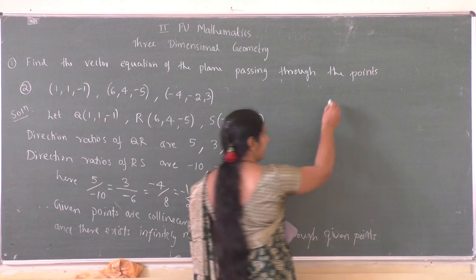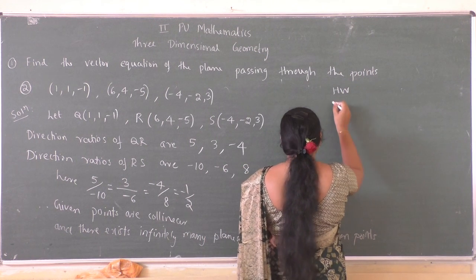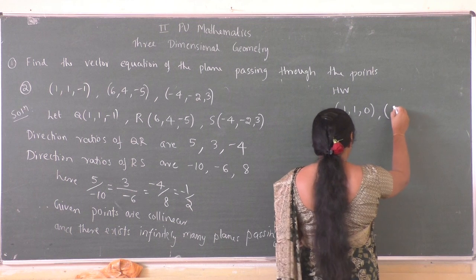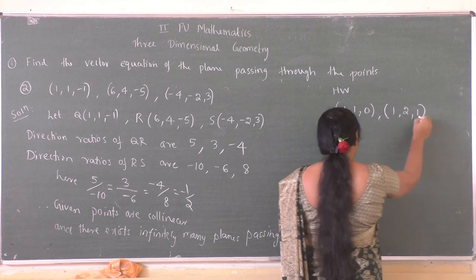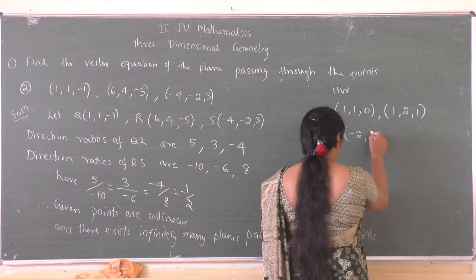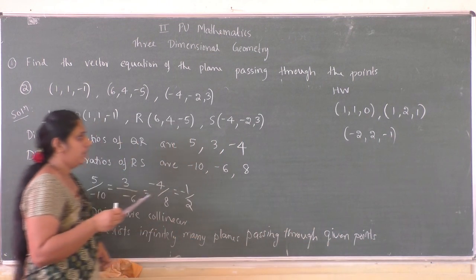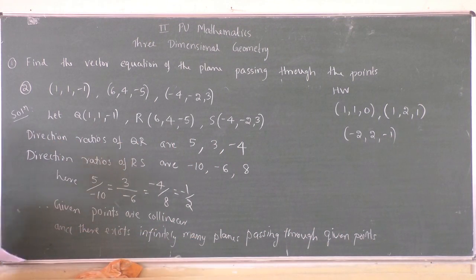So write one homework question. Same question: find the vector equation of the plane passing through the points (1, 1, 0), (1, 2, 1), (minus 2, 2, minus 1).